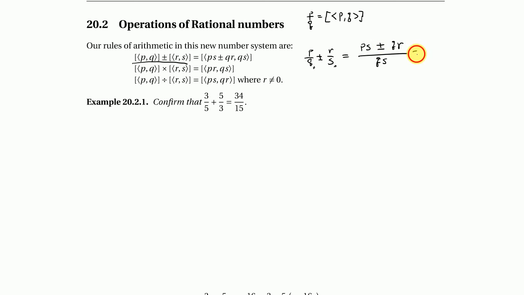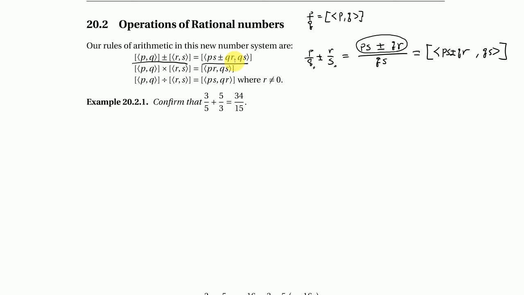Then in this notation, because PS and QR are all integers, this is just addition or subtraction of two integers. So it's the same as (PS plus or minus QR, QS). Like that, right? And that's the definition over here.